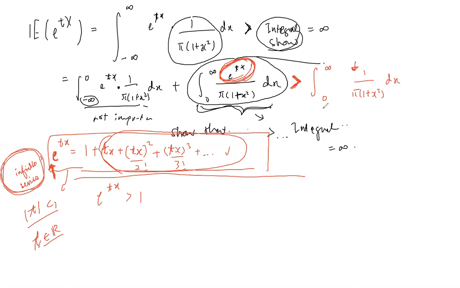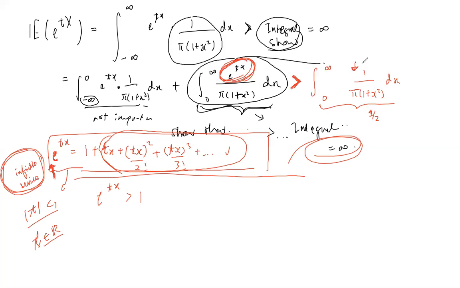And unfortunately, this is finite. This is half of your Cauchy, so this is 1 over 2. But then you just know that it's more than 1 over 2. So you are not able to achieve your objective here. But it's in the right direction.